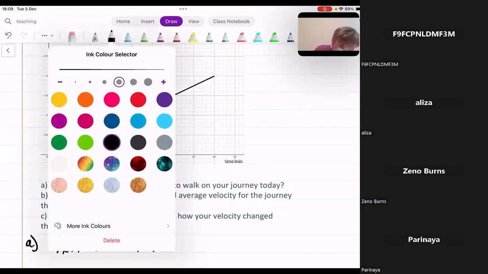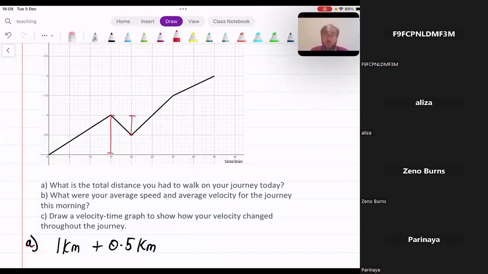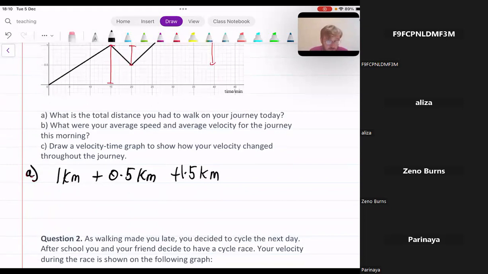And then finally, we go back towards school and we go another 1.5 kilometers. So the total distance we had to walk is the 1 kilometer forwards, the 0.5 kilometer back, and then the 1.5 kilometers forwards again, for a total of 3 kilometers.